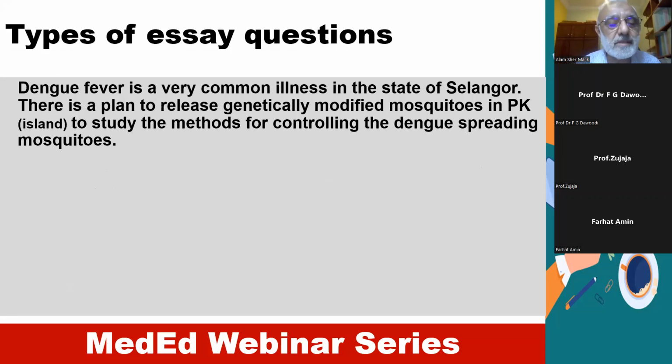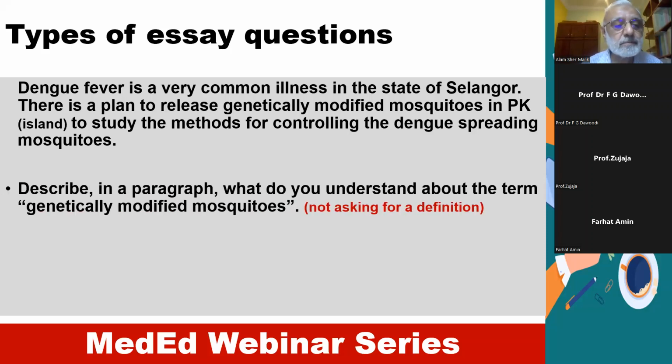Here is another example. Dengue fever is a very common illness in the state of Selangor. There is a plan to release genetically modified mosquitoes in Pulau Kitong, which is an island, to study the methods of controlling the dengue-spreading mosquitoes.